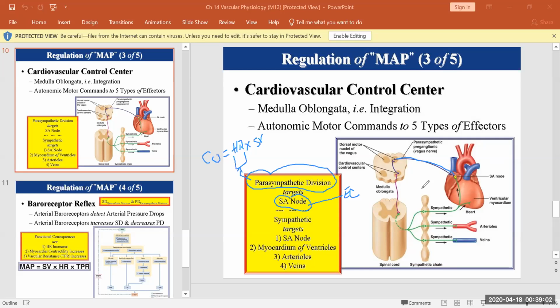Therefore, if it does not make contact with them, it cannot control them. Simple as that, right? So the parasympathetic division can only affect the rate of the heart, okay? So let's get that out of the way, the contribution of the parasympathetic division. Now moving on to the more important one, the sympathetic division.